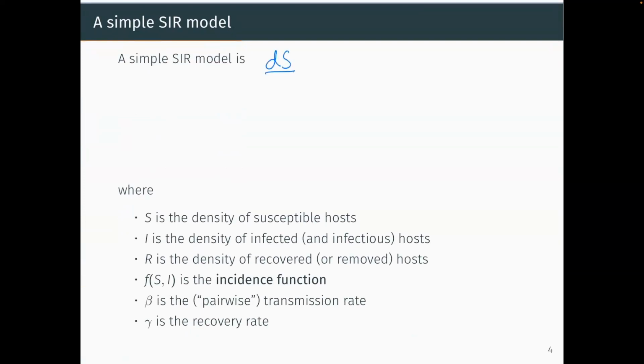But without births and deaths, if we've got a closed population, our susceptible class changes, dS/dt, according to an infection term. So we have minus beta S I, and I'll refer to this as f, function f of S and I. This beta is known as the transmission rate, or sometimes the pairwise transmission rate.